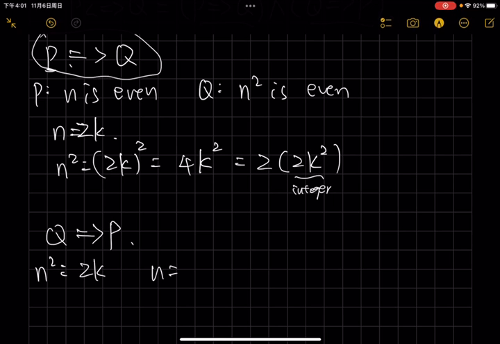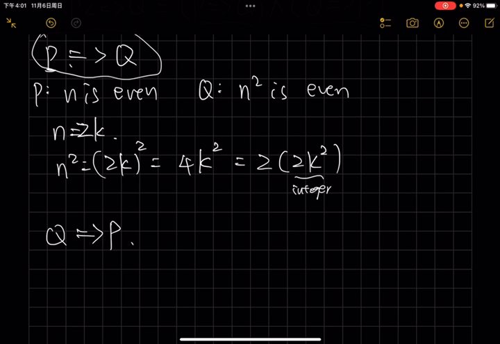I'm going to show n is also an even integer. That means n equals an even integer. It's not that easy, as you can see. So when it's hard to do direct proof, we can always use the contrapositive.